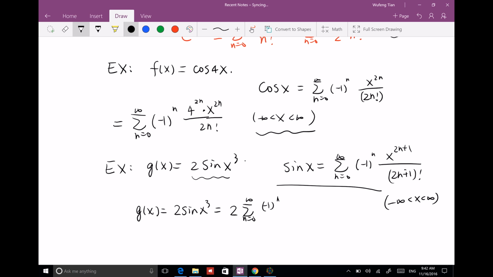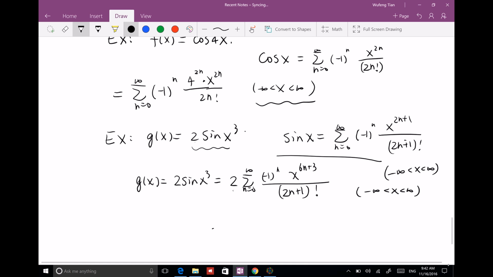Oh, the 2 is outside of the sine x cubed, right? So I take the 2 out. Oh, yeah, right. So then you just got x to the 6n plus 3 over 2n plus 1 factorial. Very good. So still you got negative infinity to positive infinity. So that's perfect.